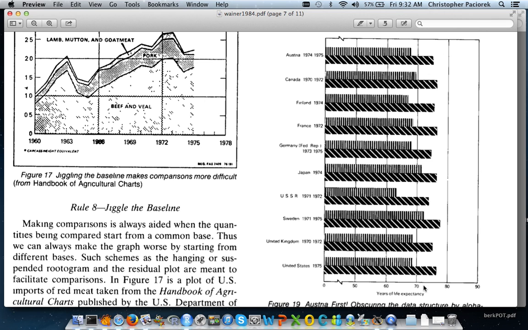So how easy is it to see the differences between the countries and which countries have the highest and lowest life expectancies? I mean, it's probably not too hard to see that the Soviet Union, USSR, again these are old data, has the lowest life expectancy for men, because you can see there's that relatively big difference here versus these.